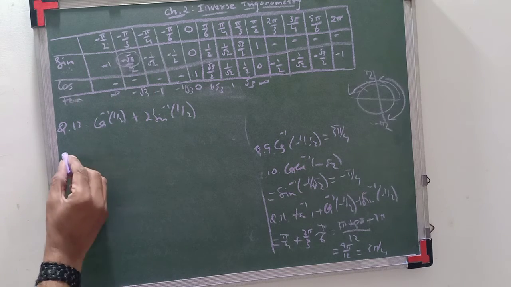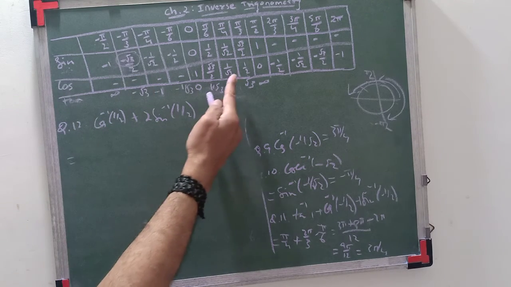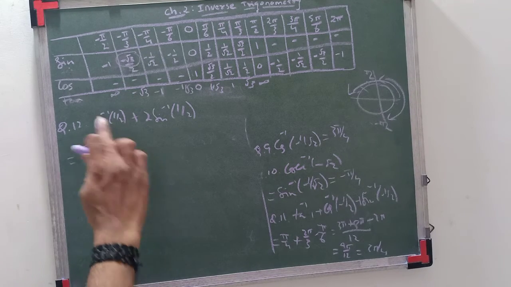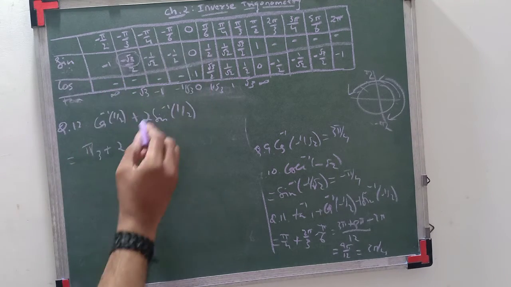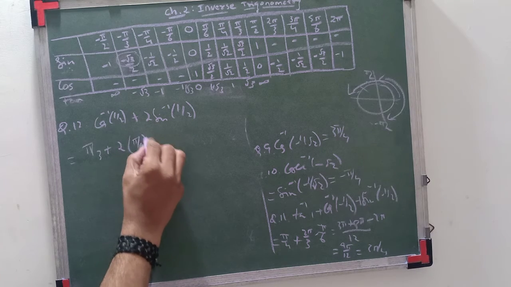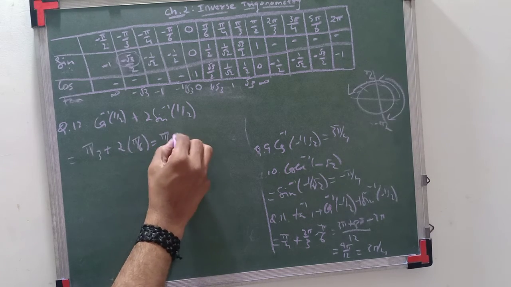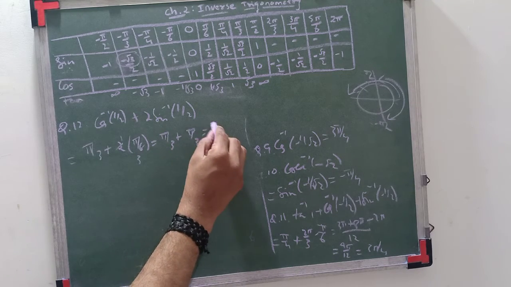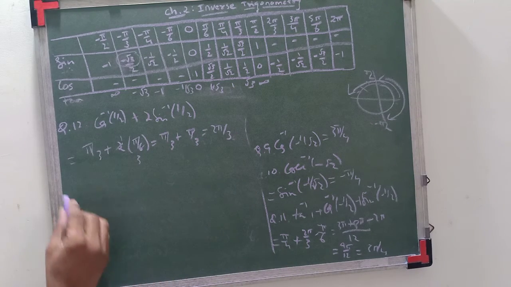So cos inverse of 1 by 2 is pi by 3, plus 2 times sine inverse of 1 by 2, pi by 6. So that is pi by 3 plus 2 ones are 2, 2 sixes are pi by 3. That is equal to how much? 2 pi by 3.